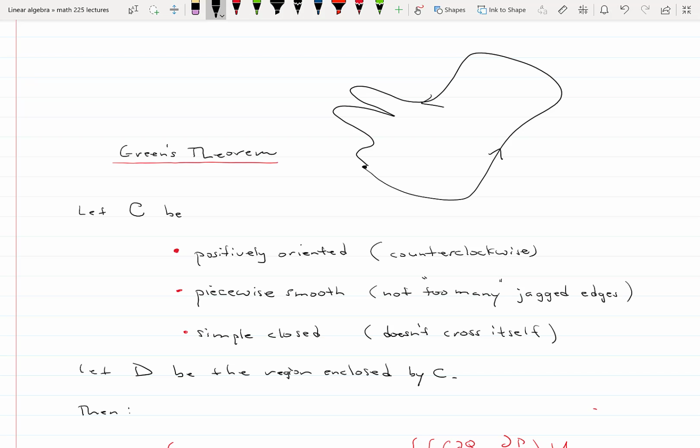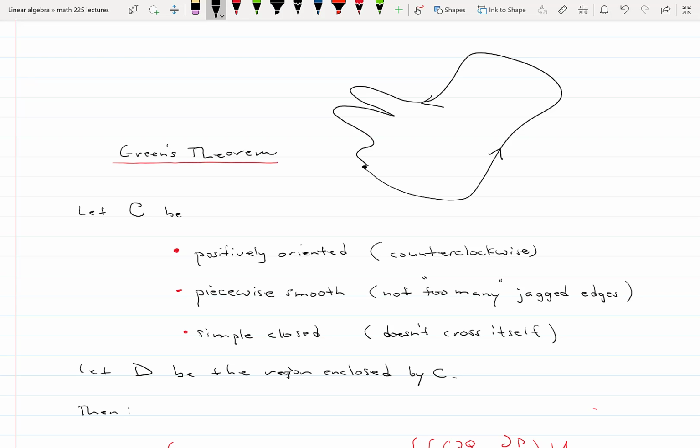And your author has a really nice, traditional way of describing a positively oriented curve, besides using the word counterclockwise. If you were walking along the curve in the direction of its orientation, the interior of the closed curve would be on your left.